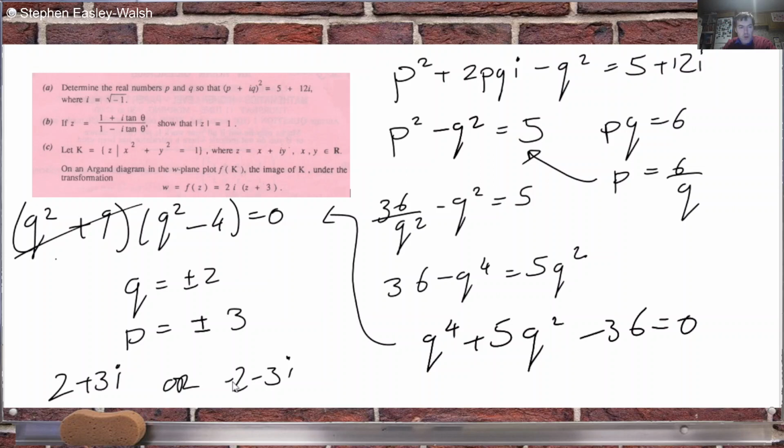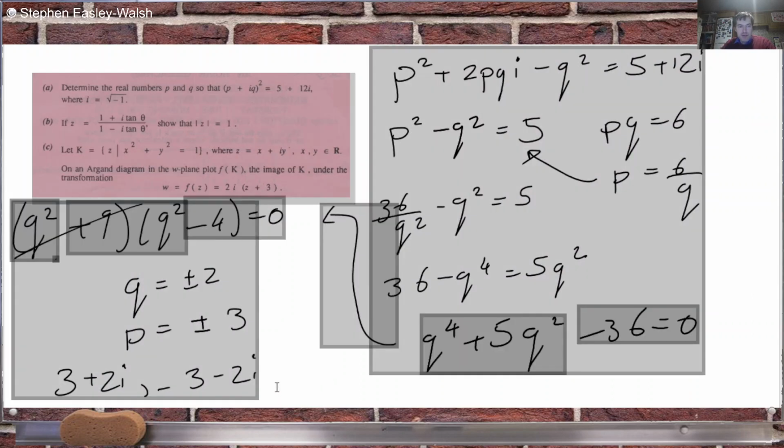Oh, did I mix up my p's and q's? Yes, I did. It's 3 plus 2i and minus 3 minus 2i. Okay, now it's right. Okay, part 2.